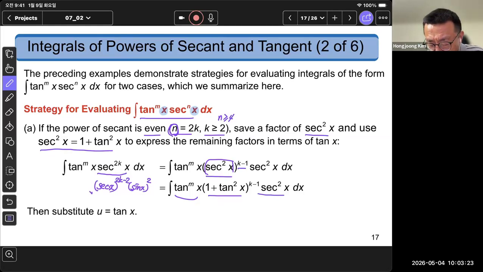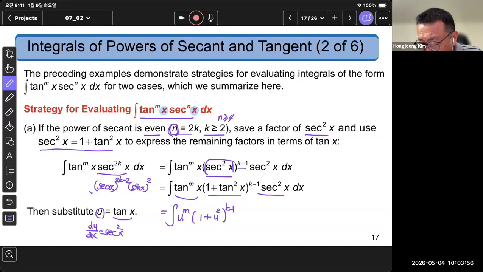And then if you introduce u for tangent x, then tangent x to the mth will be u to the m multiplied by 1 plus u squared to the k minus 1. And if u denotes tangent x, then du dx will be secant x squared.